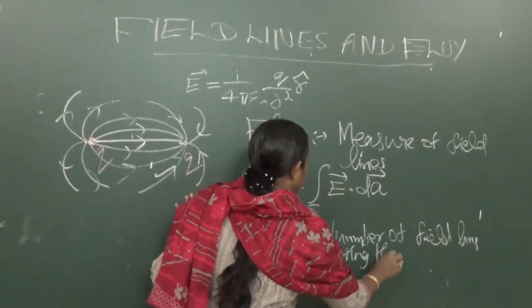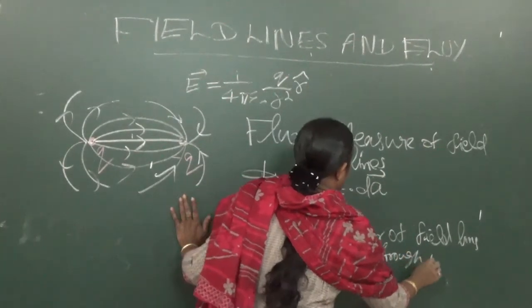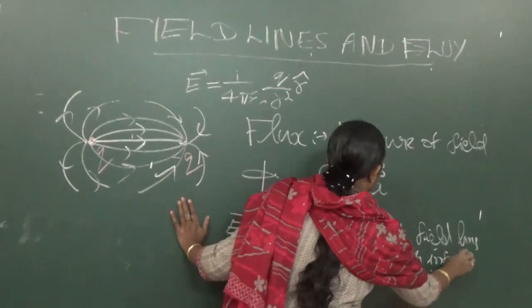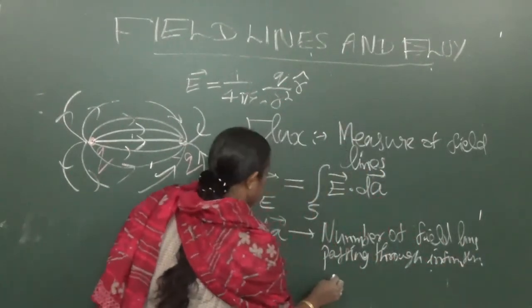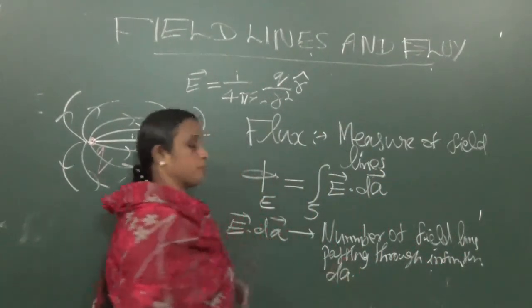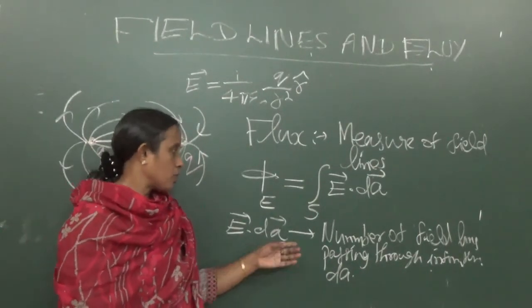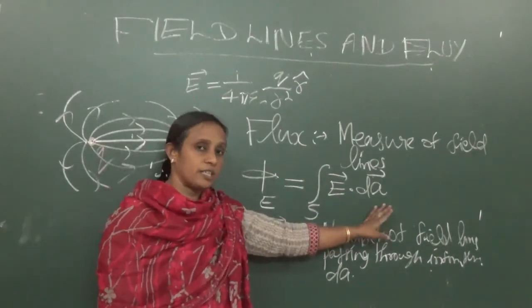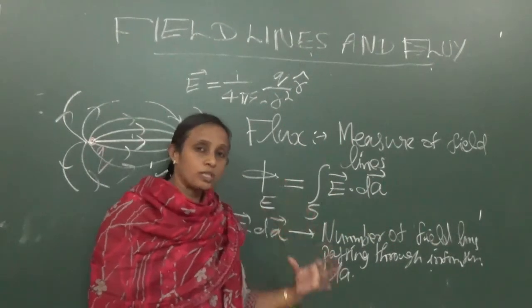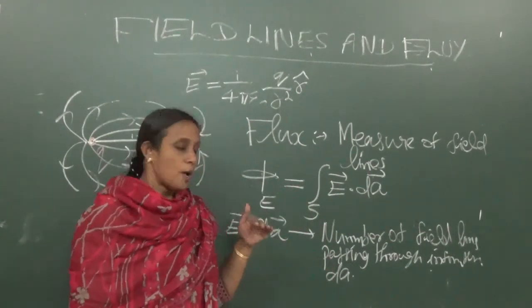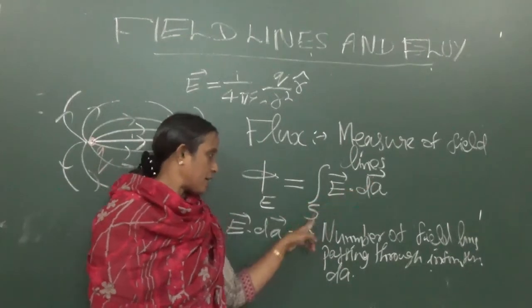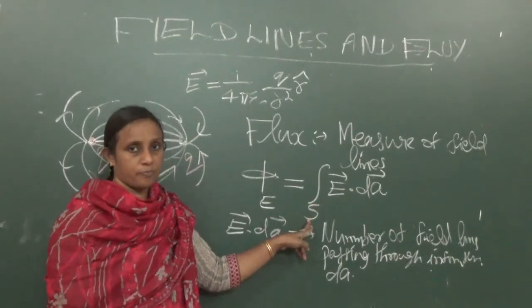Okay. Now, this surface integral of E dot dA gives us the total number of field lines passing through an area S.